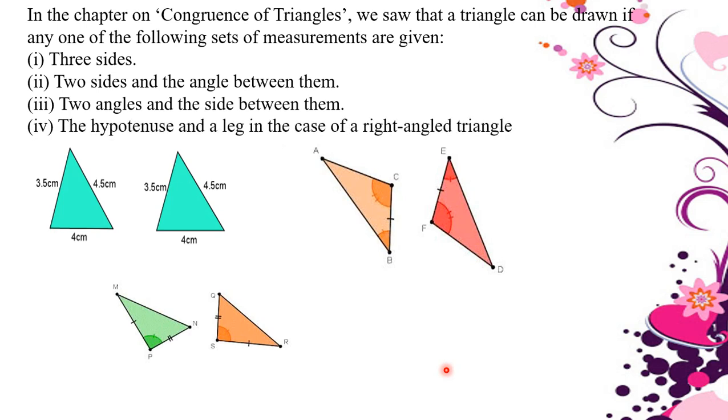Similarly, in the right angle triangle case, if the hypotenuse and one of the legs, that is perpendicular or base, is known, then also it is possible to construct a triangle. So on the basis of these four points, today's topic is the construction of the triangle when the three side measurements are given. So let's start the construction.